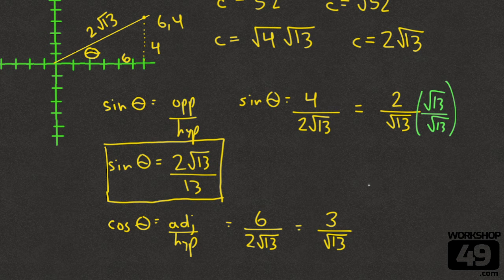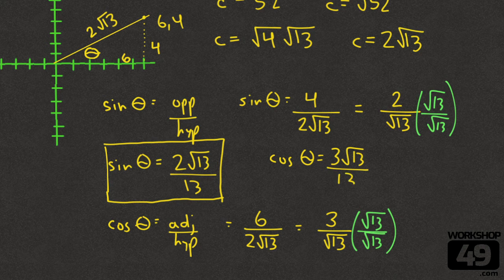But we just learned how to deal with that root 13 in the denominator. We multiply both the top and the bottom by root 13. It's going to leave us with a final trig ratio of cos of theta equals 3 root 13 over 13. Box our answer. That can't be simplified any further. 3 over 13 doesn't reduce. Square root of 13 doesn't reduce.